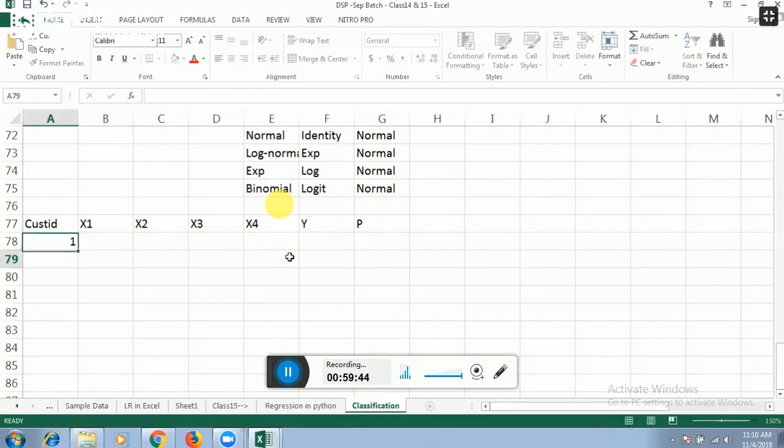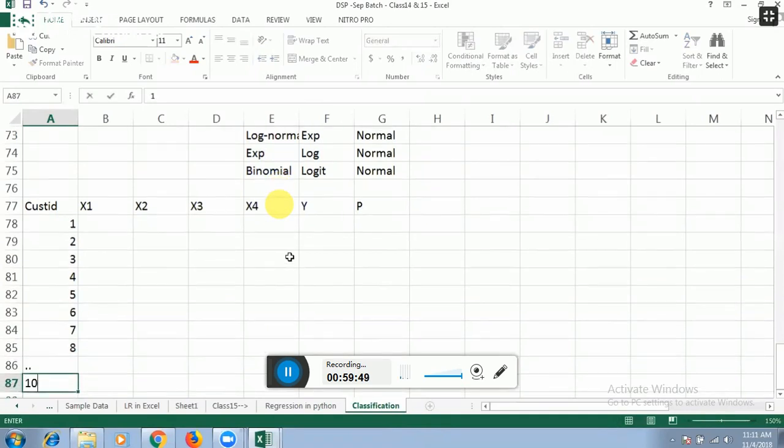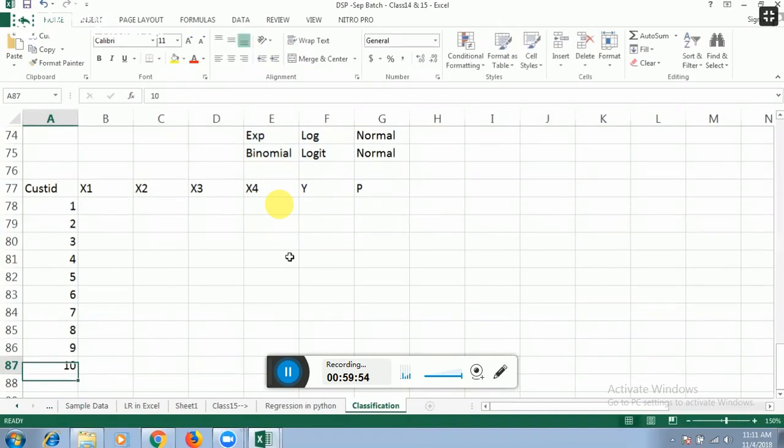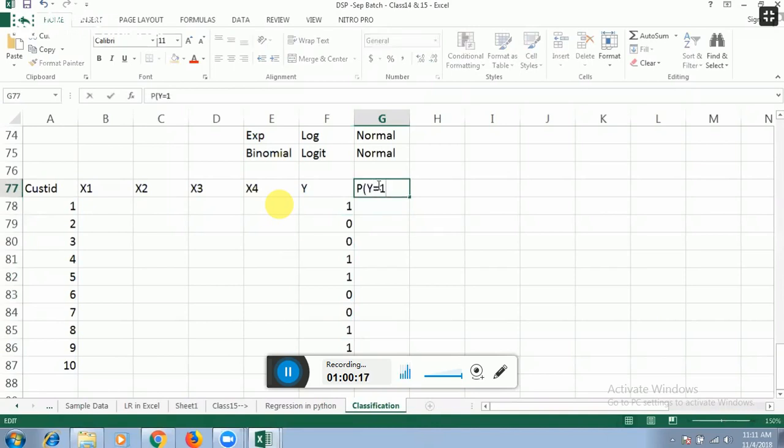Now assuming, for example, I have 10 customers, and you have 1, 0, 0, 1, 1, 0, 0, 1, 1, like this. So now the output, which is P, is nothing but the probability of y equal to 1.